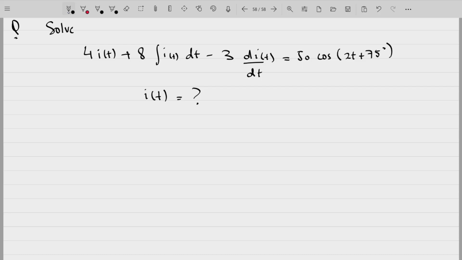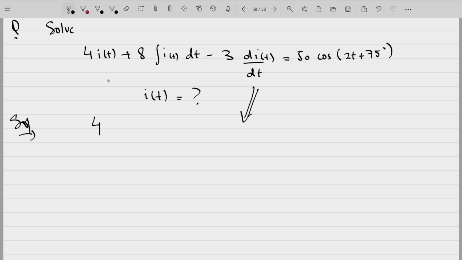अभी जो फेजर का कंसेप्ट हमने किया, using that find out what is the value of I(t) here. We can represent this in its phasor form. Fine.